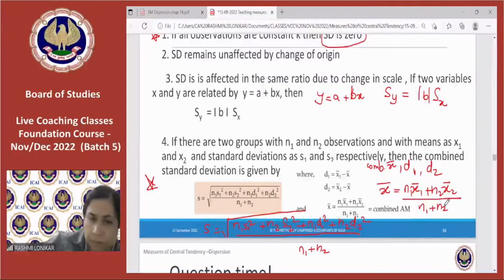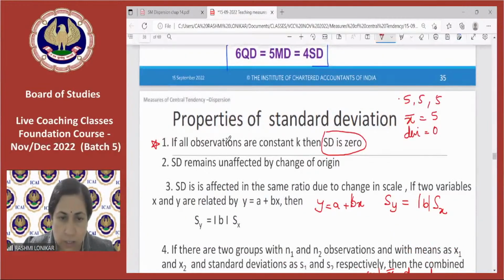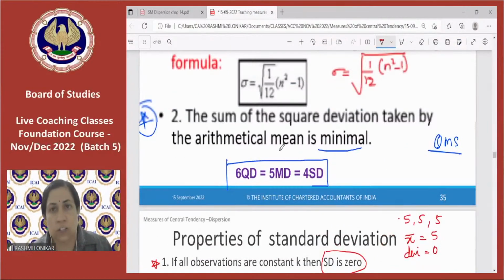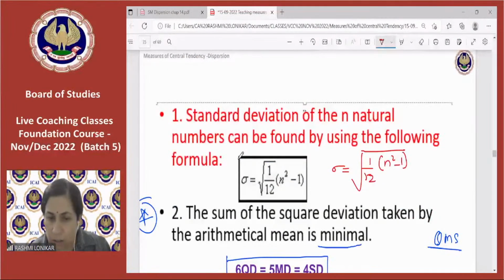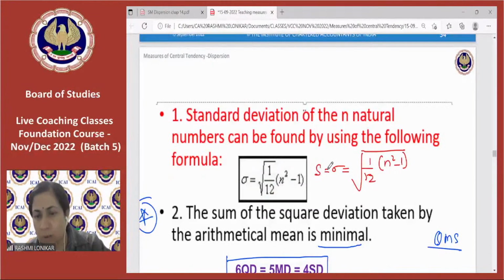Okay. So these are the other properties of standard deviation. I'll just repeat them. The standard deviation of n natural numbers, s or sigma, is just a symbol, and is equal to the square root of 1 upon 12 times n square minus 1. Second, the sum of squares of deviations taken from the arithmetic mean is minimum.